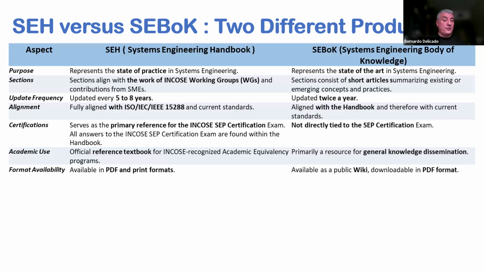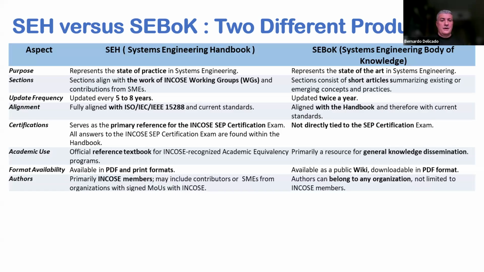In terms of format availability, the handbook is available in electronic format, PDF, and print formats. In the case of the SEBoK, it is available as a public wiki and downloadable PDF format.